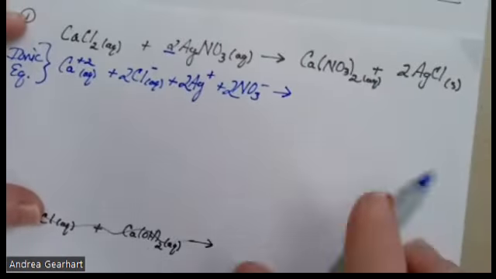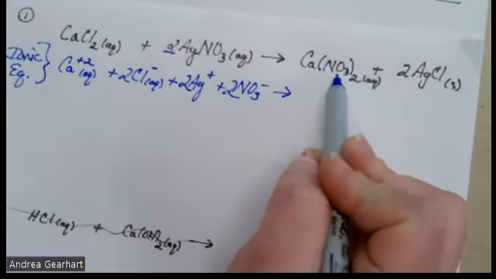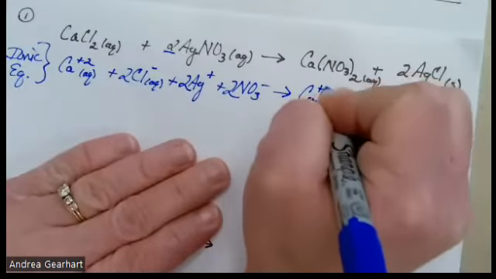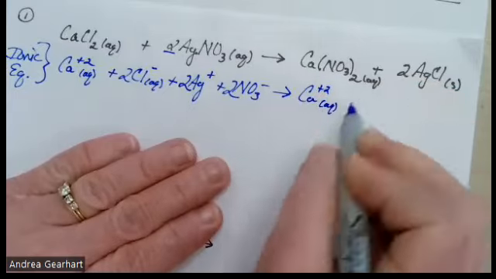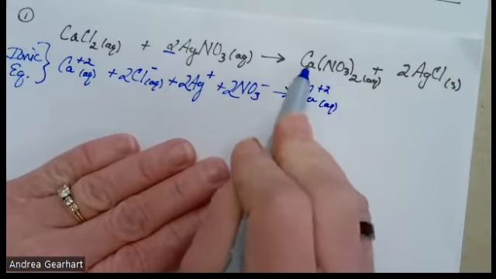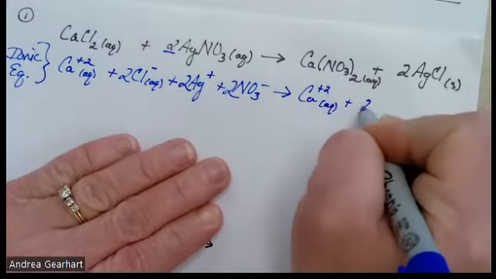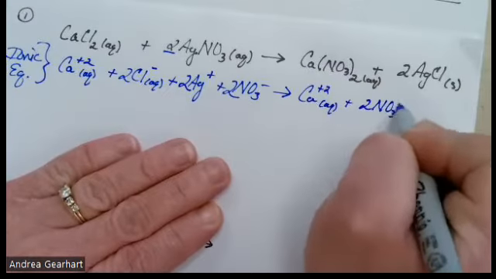Next, we're forming calcium nitrate. All nitrate compounds are soluble, so this will be separate calcium. I have 1 mole of calcium nitrate that gives me 1 mole of calcium +2 and 2 moles of nitrate.